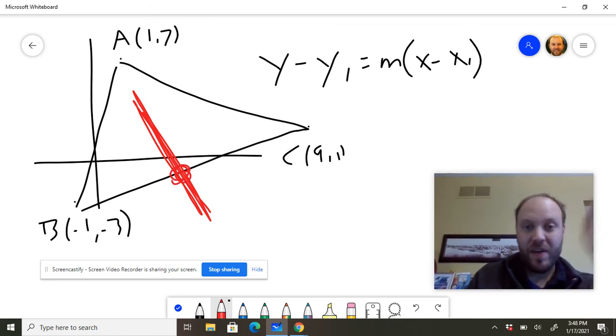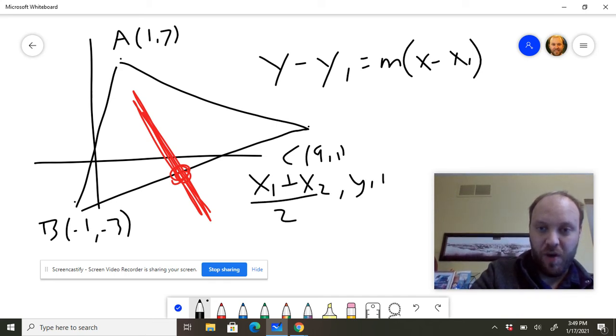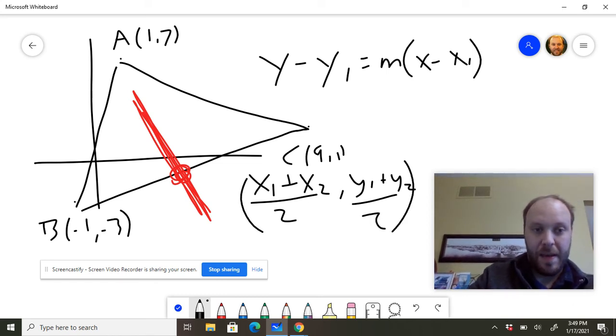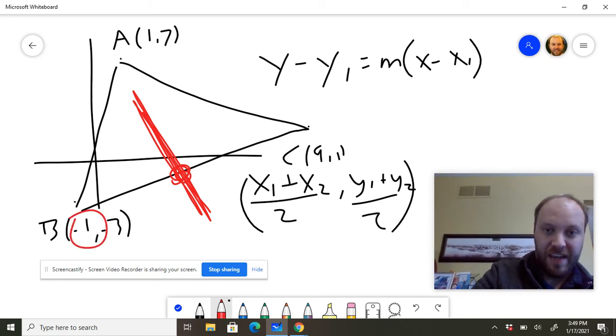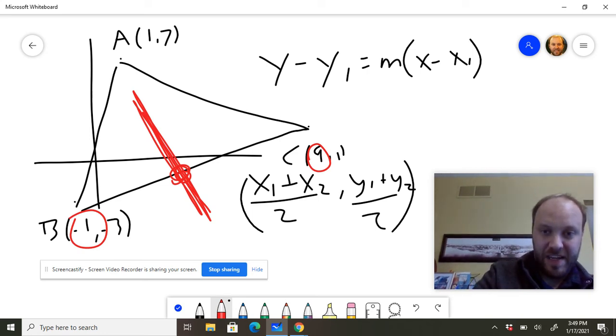Okay, that point needs to bisect the base. So that point should be a midpoint. And remember, the midpoint between 2 points is the average of the x's and the average of the y's. Okay, so we'll do that. If we look at our x's here, the average of negative 1 and 9, negative 1 plus 9 is 8. 8 divided by 2 is 4.